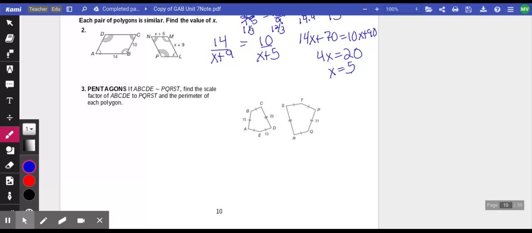So looking at this, PQ is 21, over the side that would correspond with PQ would be AB, and AB is 15. So that means my scale factor is 21 divided by 15, which is 1.4.